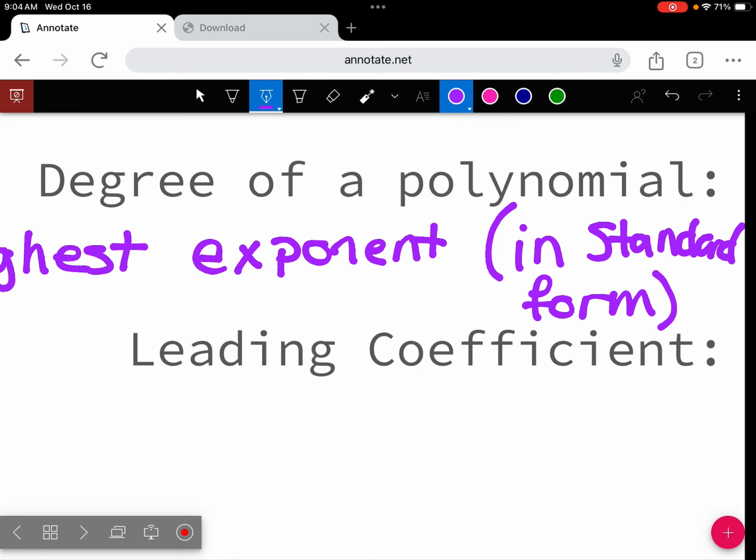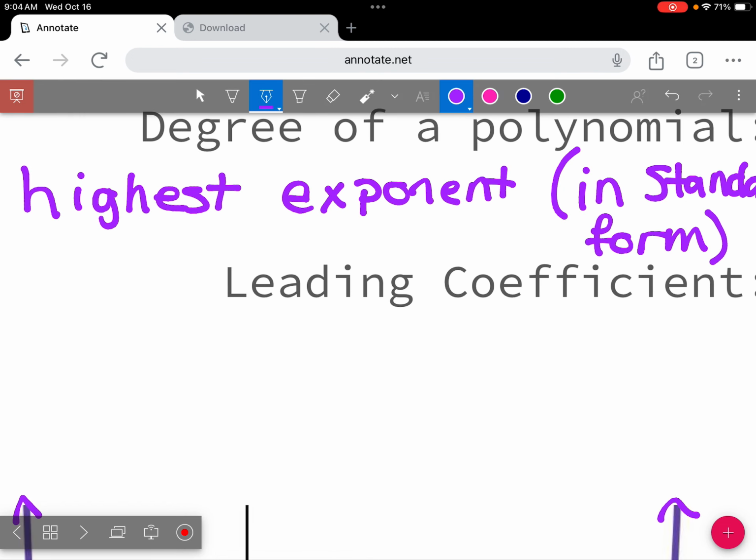Our leading coefficient is going to be what? What might the leading coefficient be? What is a coefficient? The number in front. So if it's our leading coefficient, what that's going to be is the number in front of that highest degree term. They're related to each other.